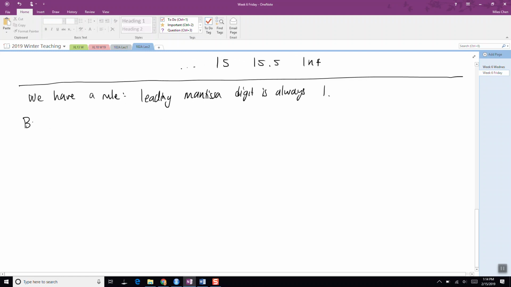But there's a problem with this rule, and that is there's no way to represent 0.